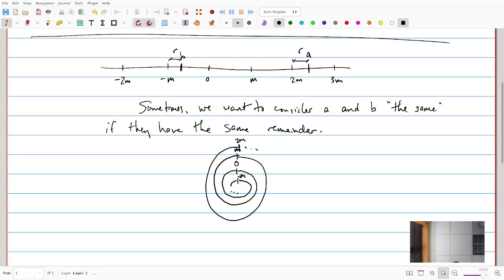On my picture, a was just after 2m, so maybe a was right here, and b was like here. Since they're at the same position on the spiral, anything along that same line, where I've folded up the number line onto itself, I want to consider all the same.